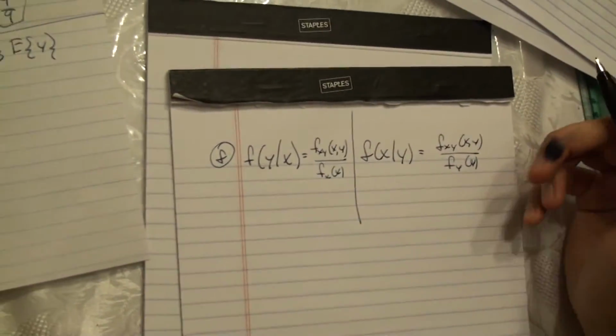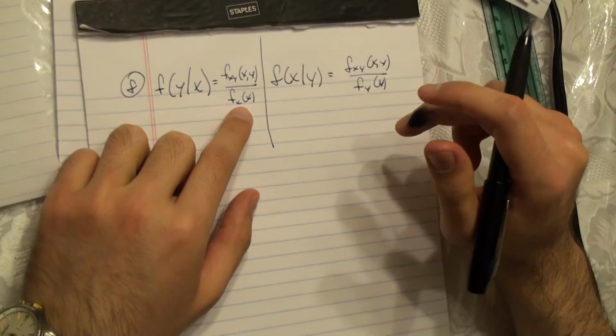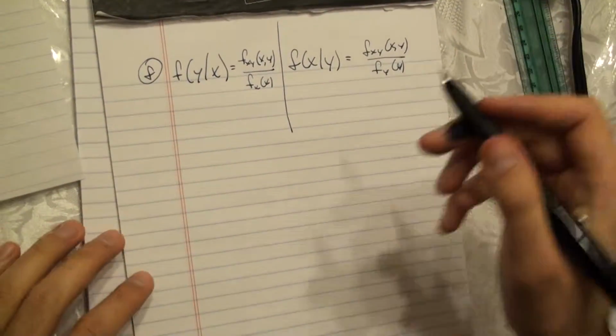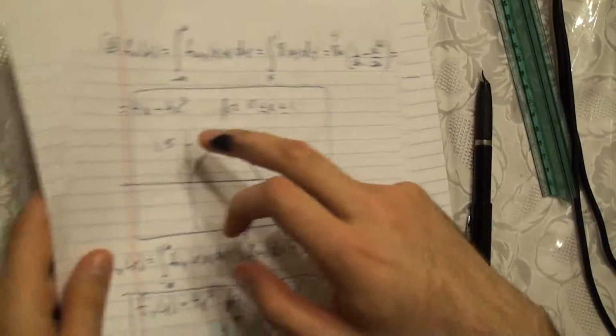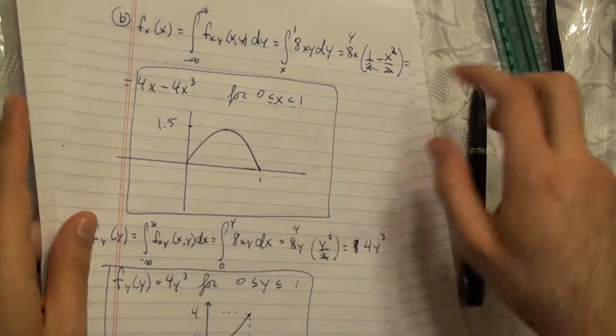So, we found the marginal density functions earlier in part, I think it was B, part B. So let's refer back to part B. Here are our marginal density functions, f of x and f of y.